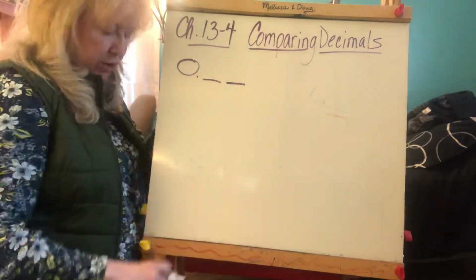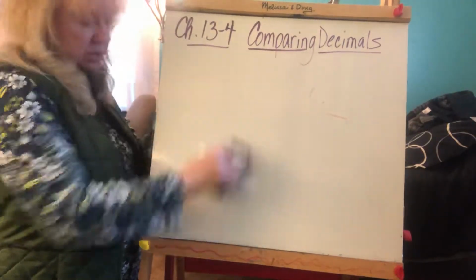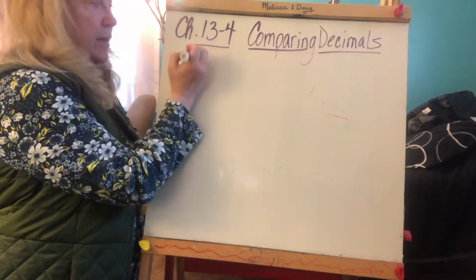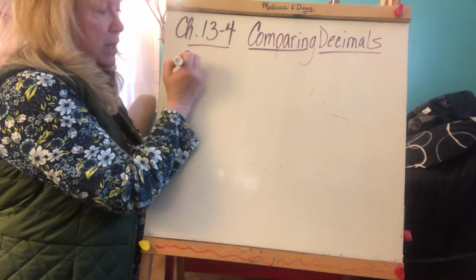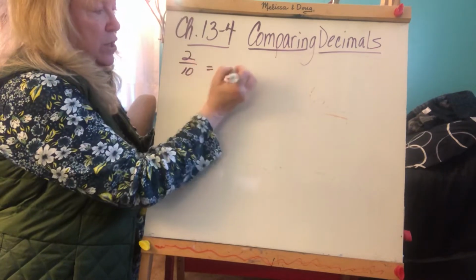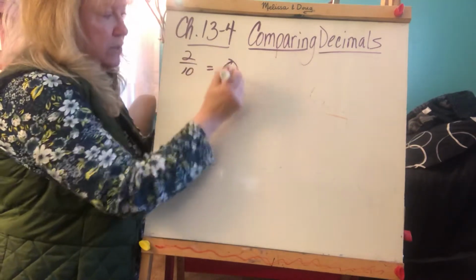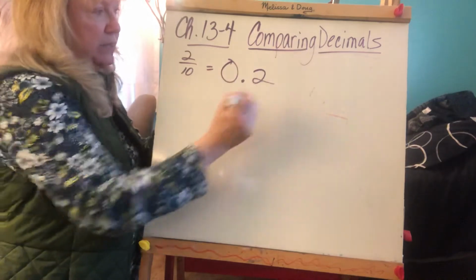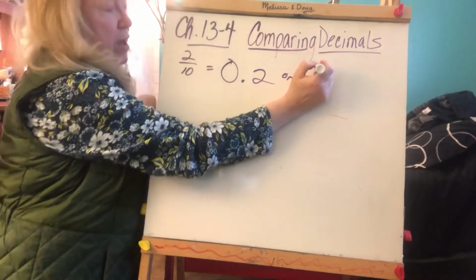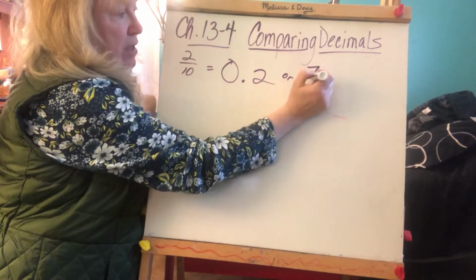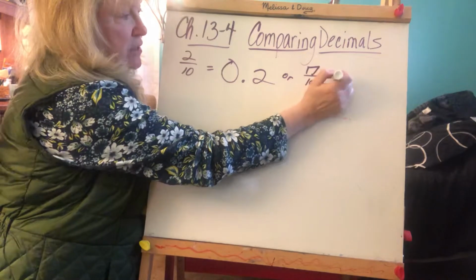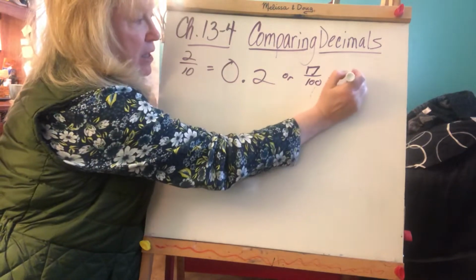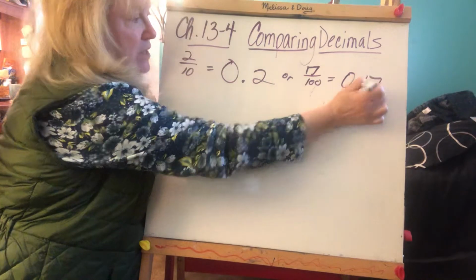Let's do an example here of 2 tenths. We know that we have no wholes, and then we put our decimal point and we have 2 in the tenths place. Or we could have 17 hundredths, and that would be 0.17.